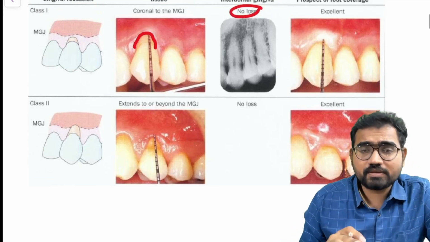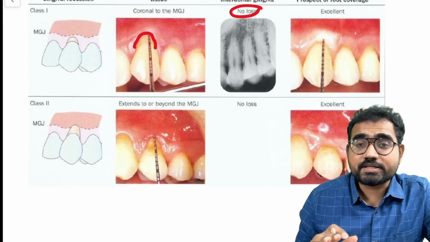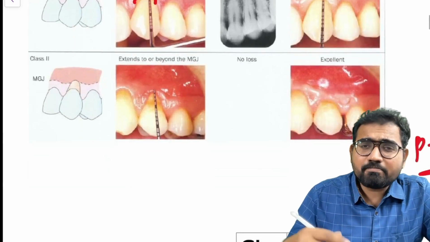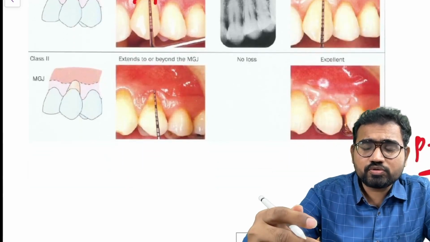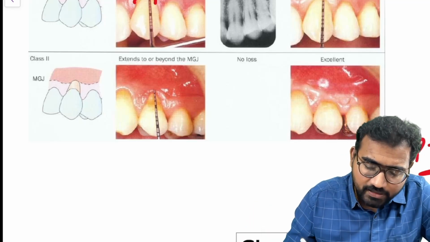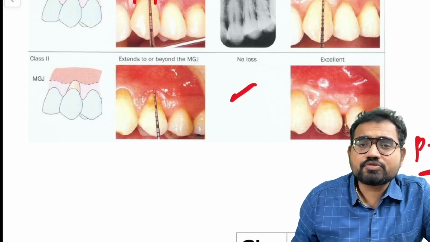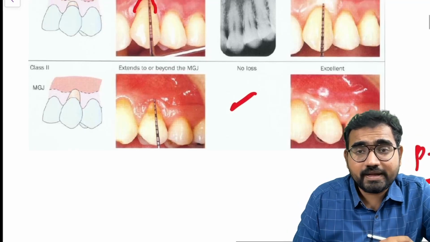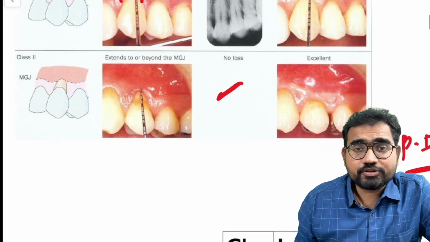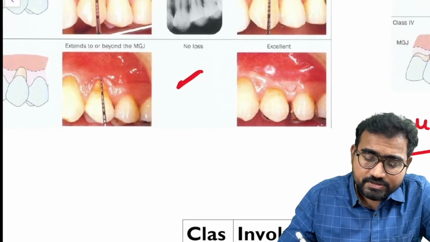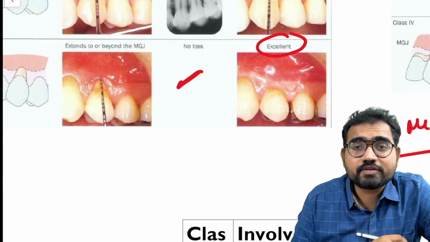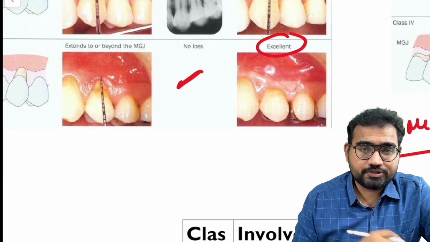Here in class 1, marginal tissue recession does not extend to the mucogingival junction, whereas in class 2, it might extend to the mucogingival junction or might not. But again, invariably there is not going to be any kind of interdental bone loss radiographically, which means again for these patients the root coverage result is going to be excellent or good. 100% root coverage is possible for these patients.